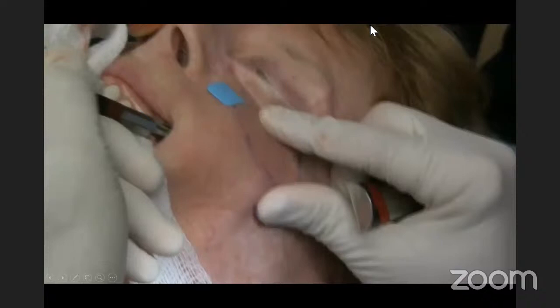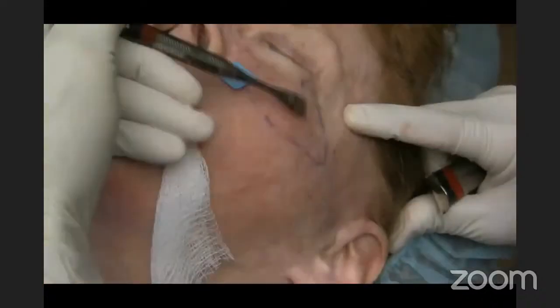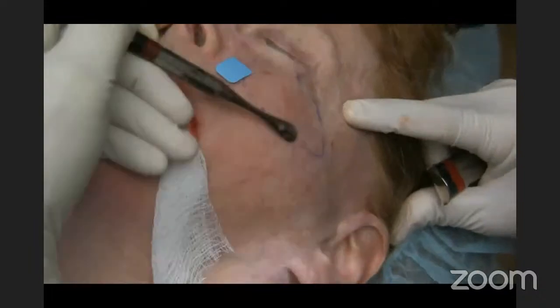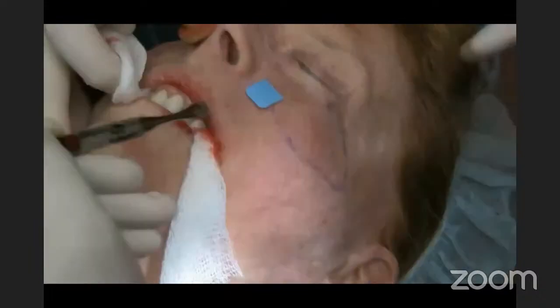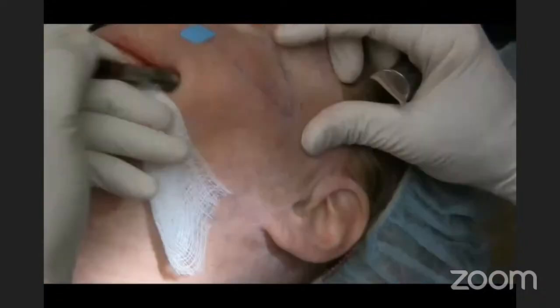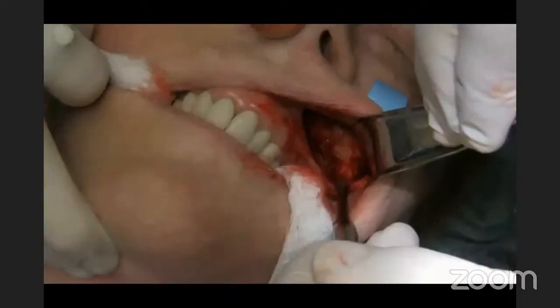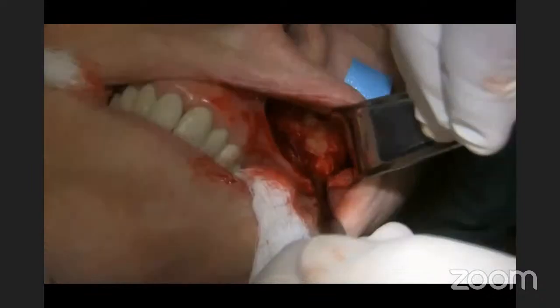I'm doing a sweeping maneuver now, and what I'm actually doing is expanding the pocket with the periosteal elevator by sweeping it superiorly and inferiorly in an arc motion like this. And so after I do my superior and lateral dissection, I'll do that sweeping dissection as well.